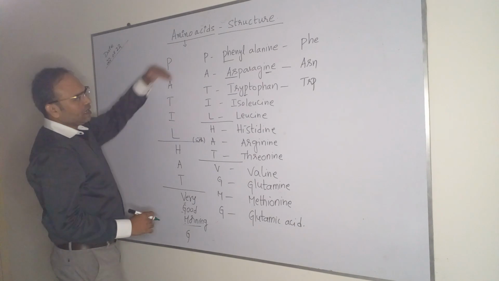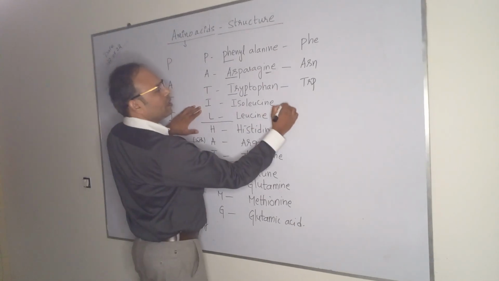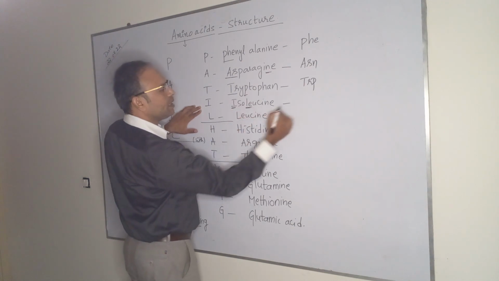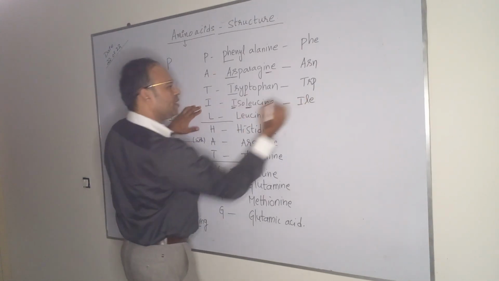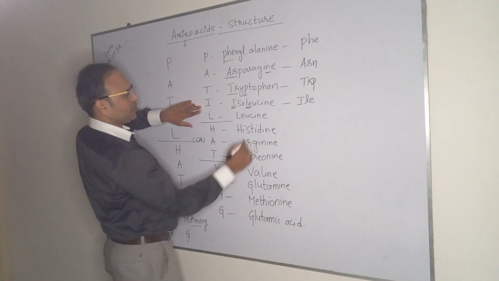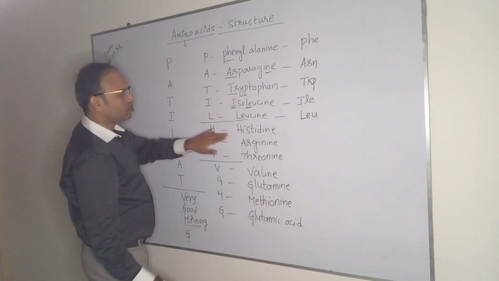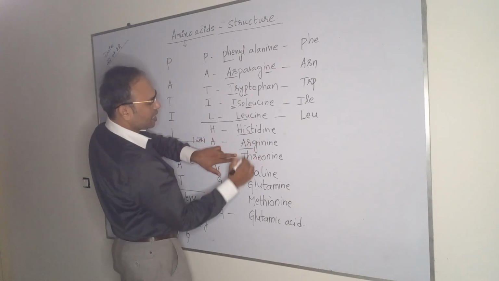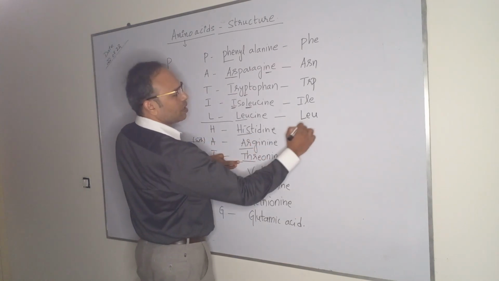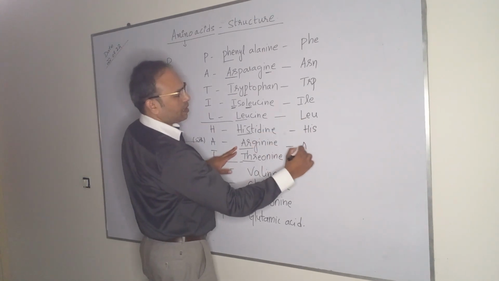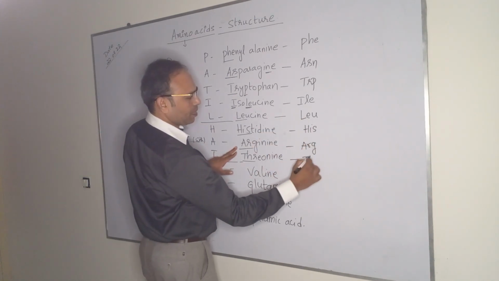TRP stands for tryptophan. Next, isoleucine. I and LE. So ILE will be the symbol for isoleucine. Next, LEU stands for leucine. HIS, ARG, THR. So underline the first three alphabets and write the symbols.